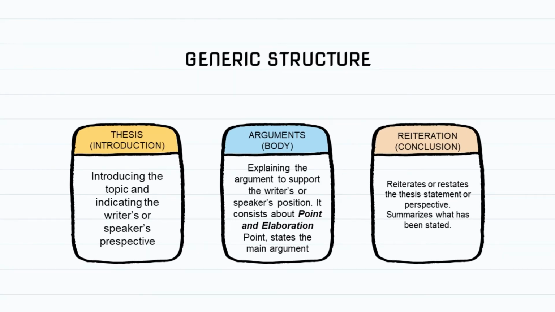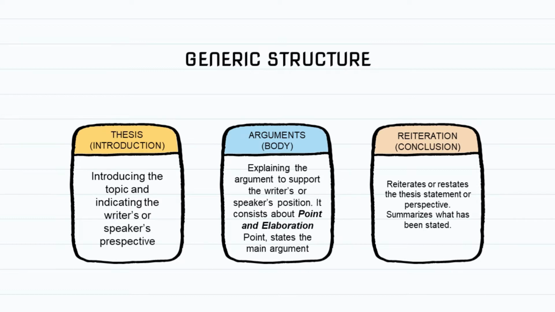Let's move to the generic structure. There are three parts of this text. The first one is thesis or introduction. In this part, you will deliver the speaker's or writer's perspective, or your perspective, about an issue. Then, you support your thesis, or your opinion or idea, with arguments.